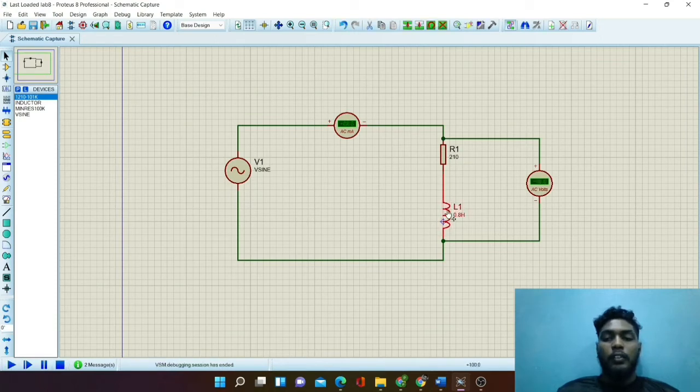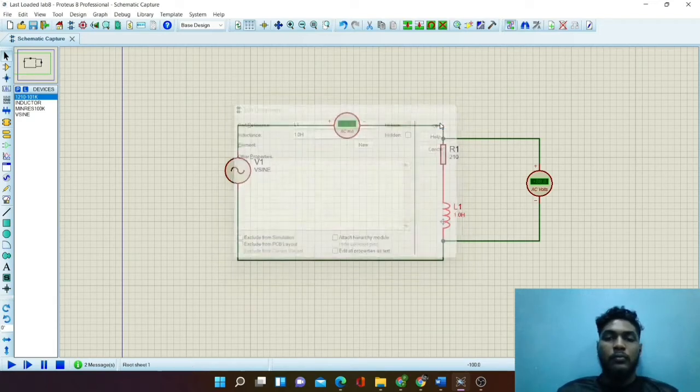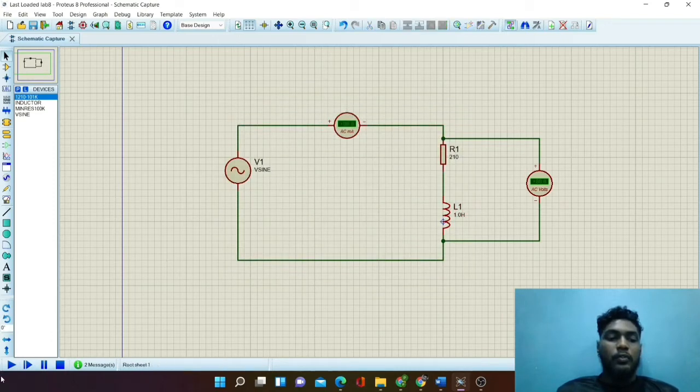And we pause and change the inductance value from 0.8 to 1.0 Henry. So we run the simulation. For this load, the AC ammeter shows 26.4 milliampere and the AC voltage is still the same, 9.99 volt.